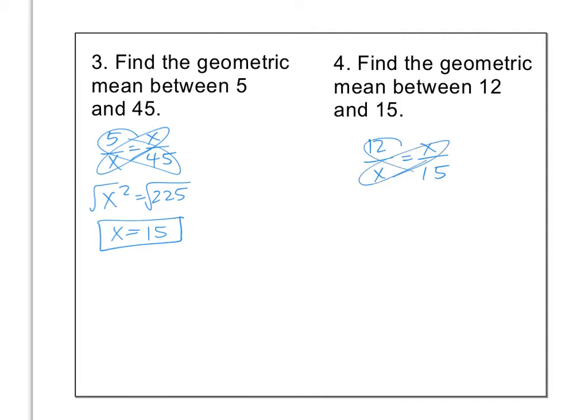Cross multiply, x squared equals 12 times 15 is 180, and then square root, and the square root of 180 is approximately 13.4. I rounded that off.